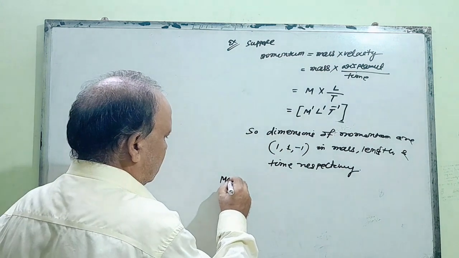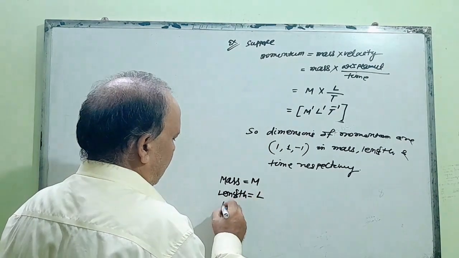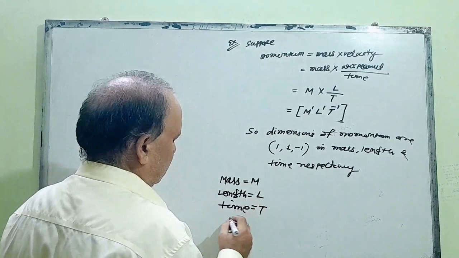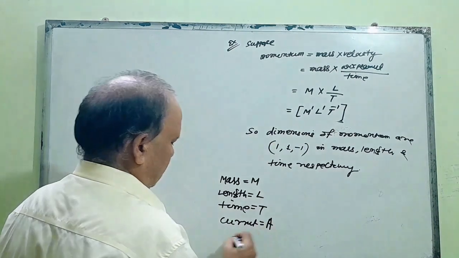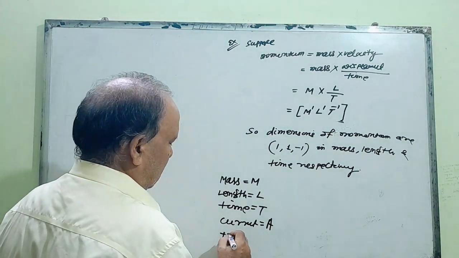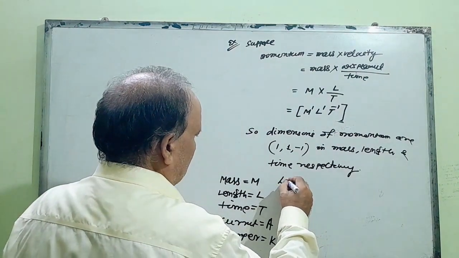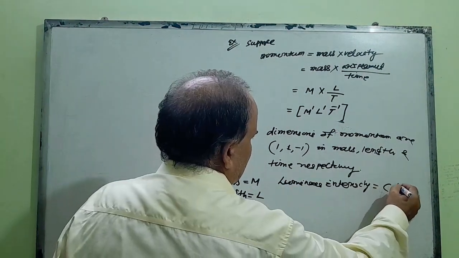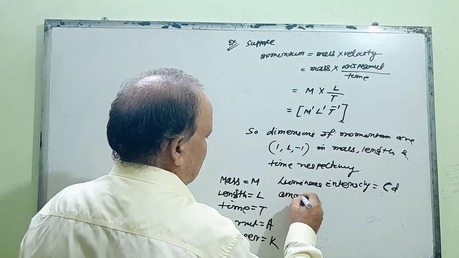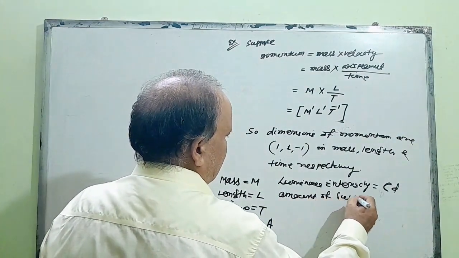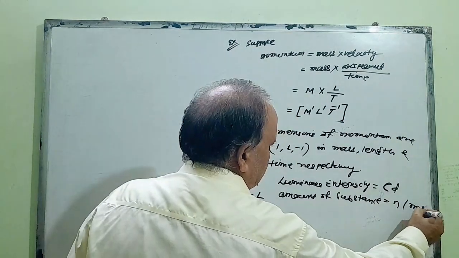For mass, you write capital M; length, capital L; time, T; current, A, ampere; temperature, Kelvin, K; luminous intensity, cd, capital C, small d; amount of a substance, you can use small m or you can write mol, mole.